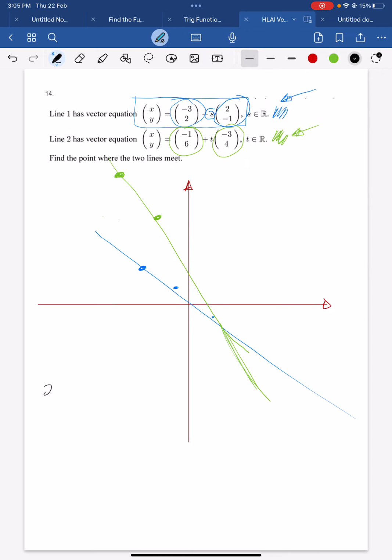If we generate the parametric equations, so this is for the blue line, and then for the green line.